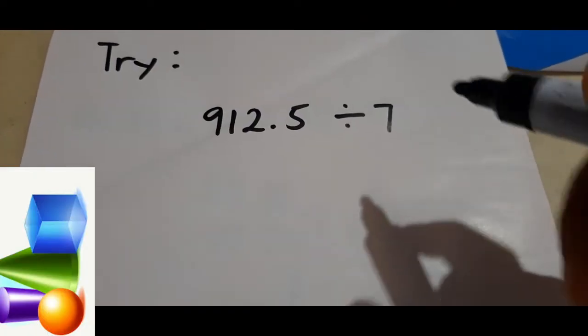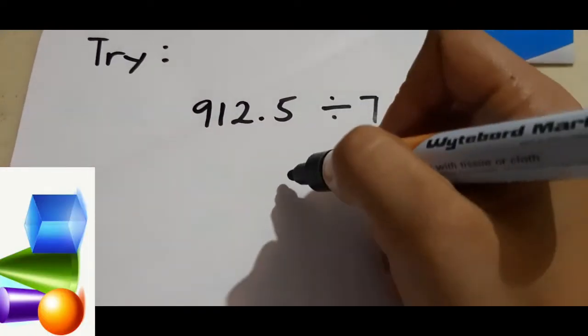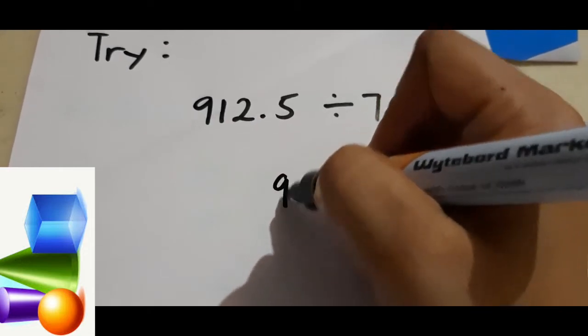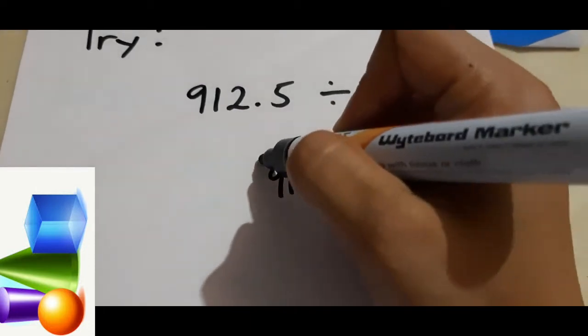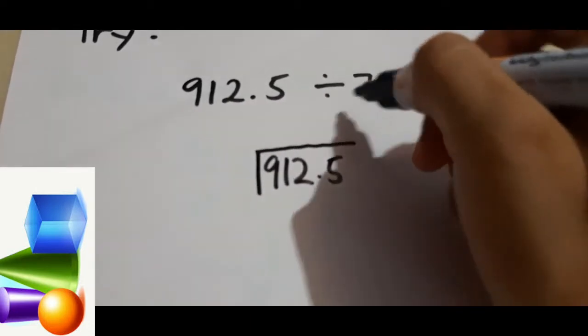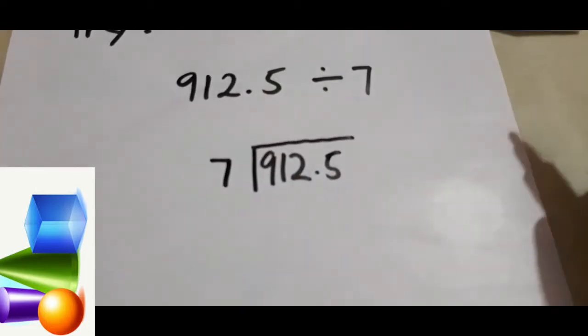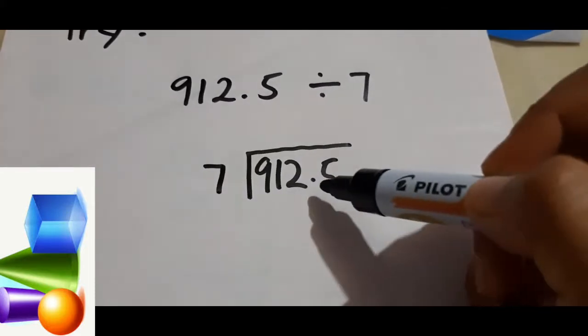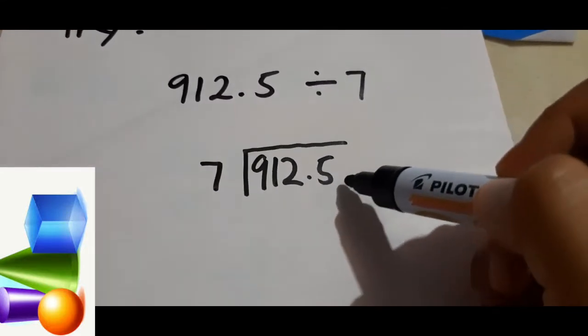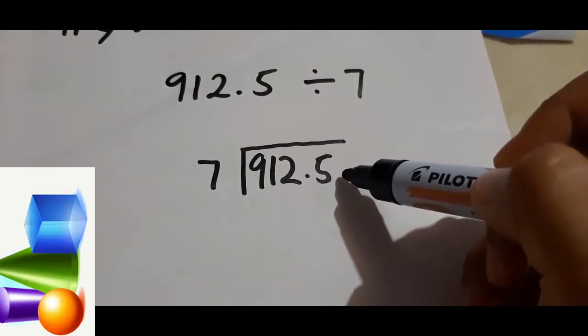Let's solve. Let's place 912.5 inside the long division symbol, and then 7 outside. So 7 is already a whole number. There's no need for you to move the decimal point to the right.